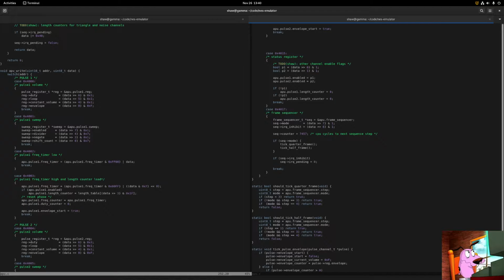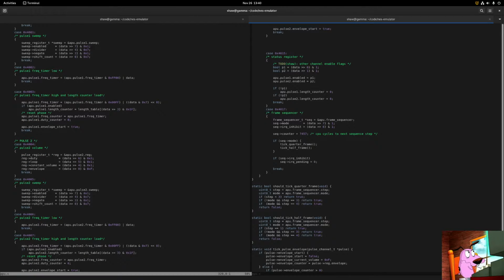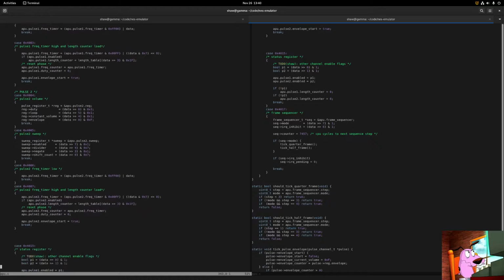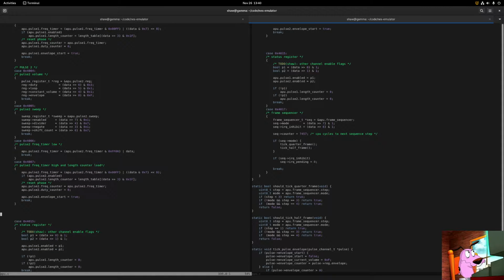If you write to 4000, that controls the volume. You can control the sweep, frequency, which is like the pitch. Then there's a length counter, all those things. So the way it's controlled is by poking values into registers in the APU. So I have the pulse channels here, and we need to do the triangle.